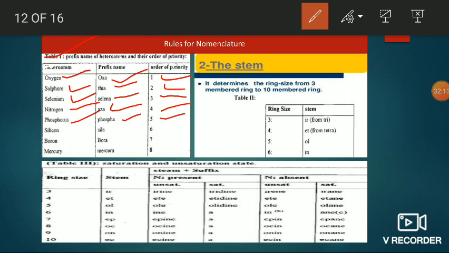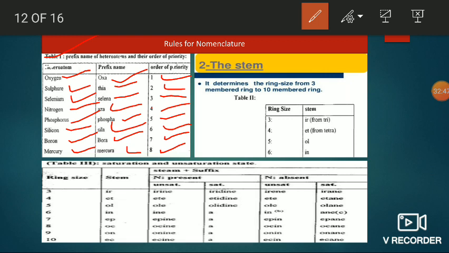It gets fifth priority. If there is silicon, the prefix name is sila. It gets sixth priority. If there is a boron atom, the prefix name is bora and it gets seventh priority. If there is mercury, the prefix name is mercura, and it is eighth priority. Okay, the first table gives information about the prefix as well as the order of the heteroatoms in the heterocycle.